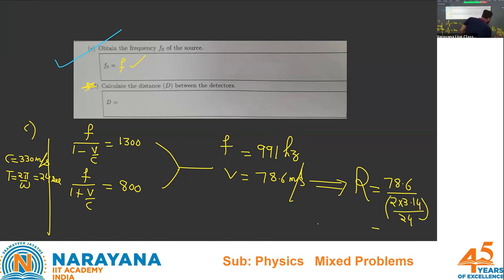Your radius is around 300 meters. If you calculate it correctly, this comes as around 300 meters. Leave it. Now can we find the distance between the detectors? Again, draw the geometry of the question, and with all this information available, we can try to find the result.